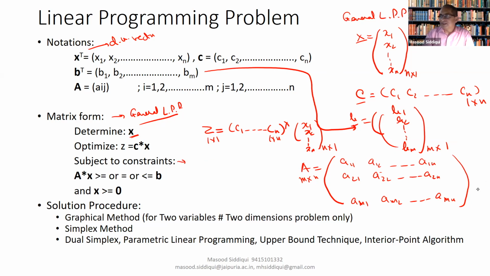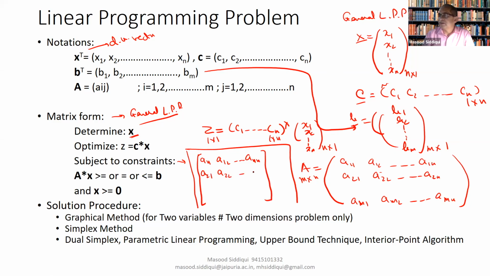Then here we use the A matrix: A11, A12 up to A1n, then A21, A22 up to A2n, and finally Am1 going up to Amn.